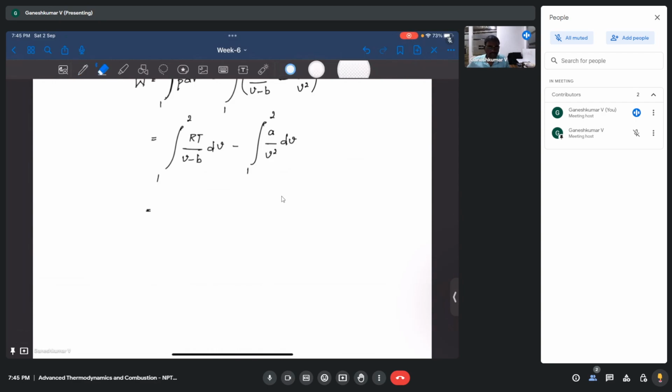Since T remains constant, R is the universal gas constant. These two can go out. Again, B is also a constant.